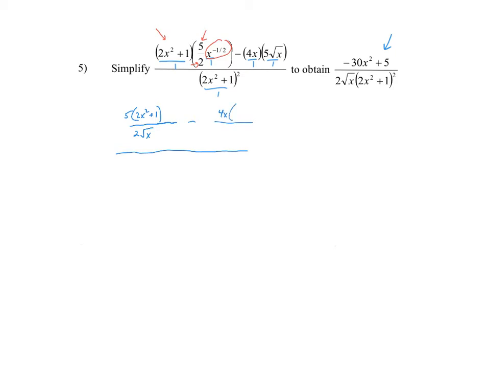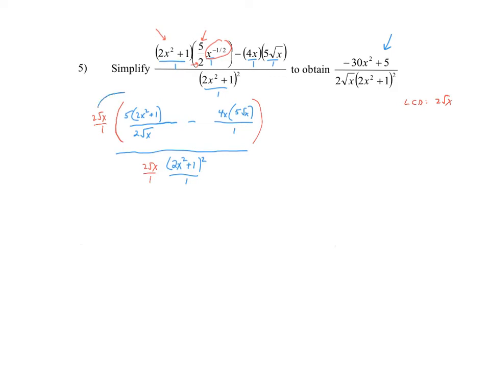4x stays in the numerator. 5 root x stays in the numerator. And downstairs we have 2x squared plus 1 squared divided by 1. This is a complex fraction. The LCD is 2 root x, so we will multiply the numerator and the denominator by 2 root x. It helps to put over 1. Now we're going to distribute.